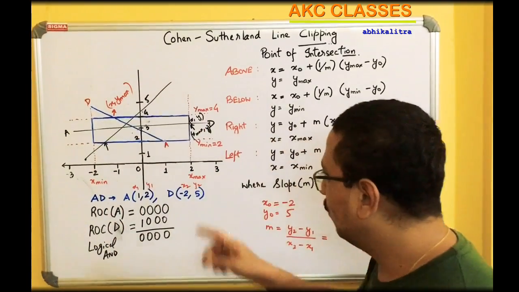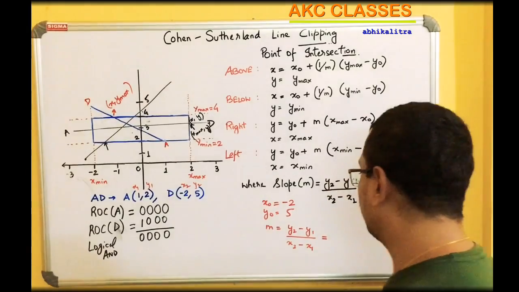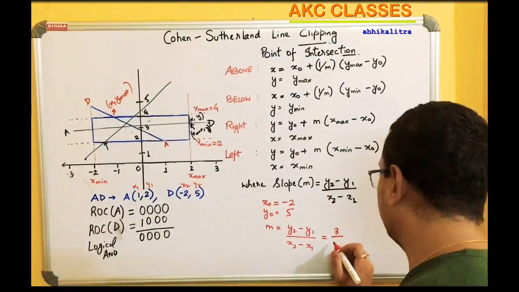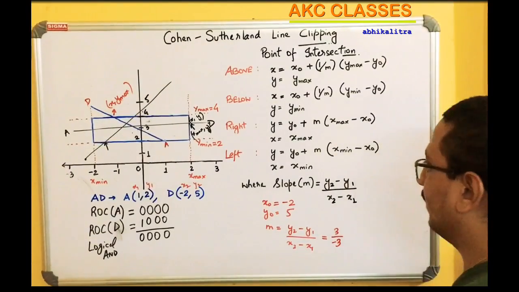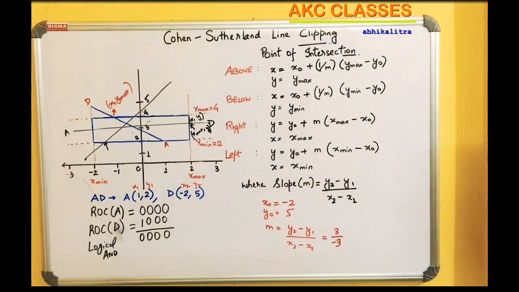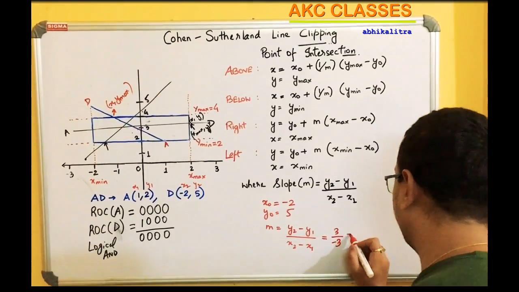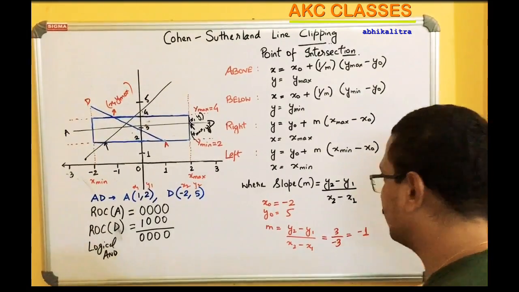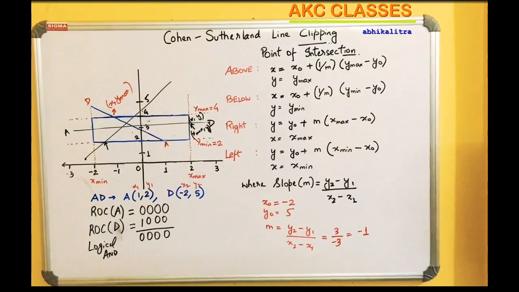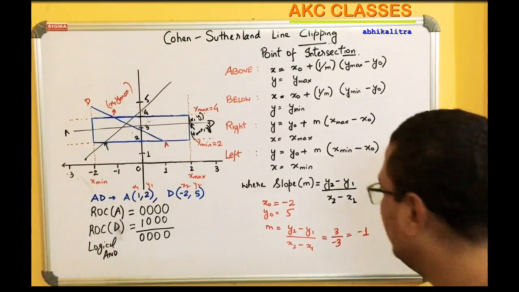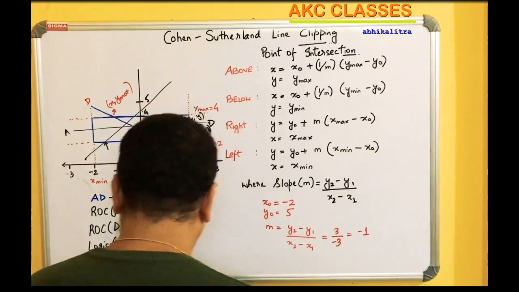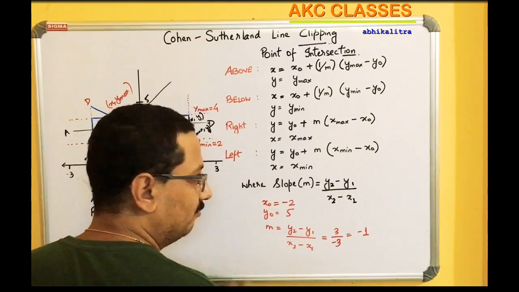So y2 minus y1, 5 minus 2 is 3, which gives -3. So in this case, the slope m is equal to -1. I'm just rubbing this off.